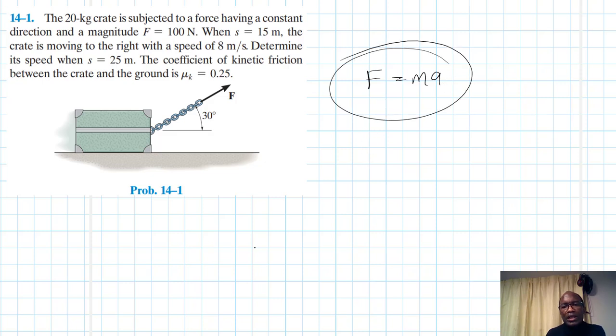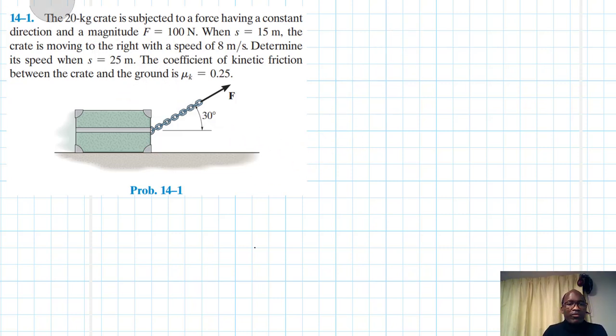Therefore, if F is constant, it means a is also going to be constant, because m, the mass, is always constant, a proportionality constant. So if F is constant, we expect the acceleration to be constant.